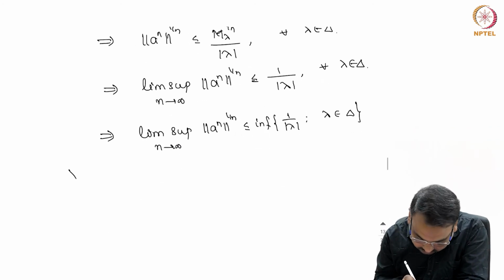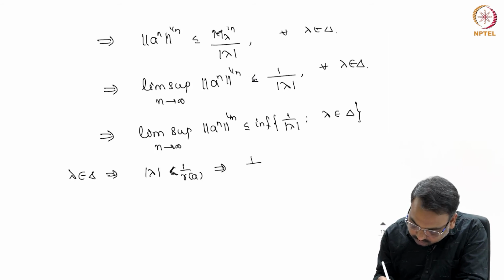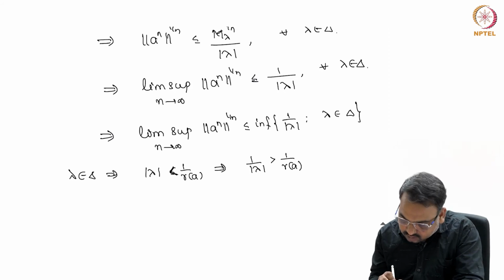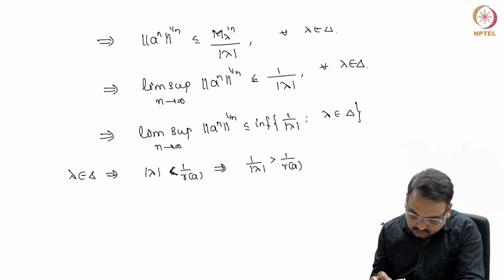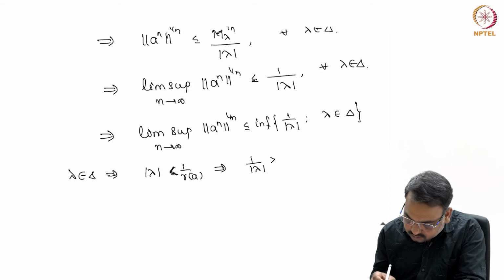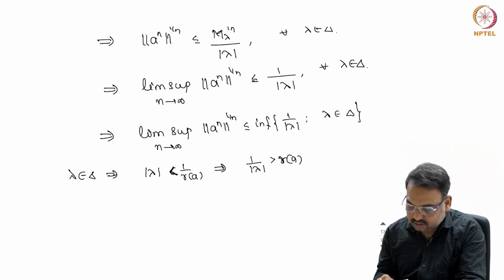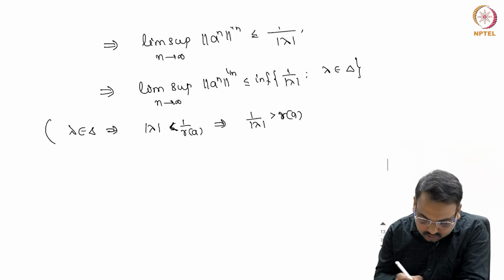So if lambda is coming from delta, this implies |lambda| is less than 1 by Ra. This implies 1 by |lambda| is bigger than Ra. So if you take the infimum of all such things, we get that infimum to be Ra.